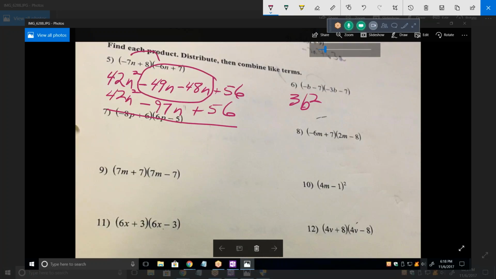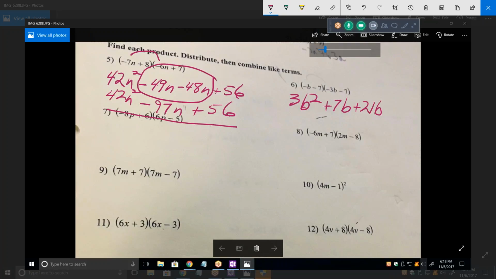That one is 7b plus 7b. And then positive 21b plus 21b. And then 49b. And then plus 49.